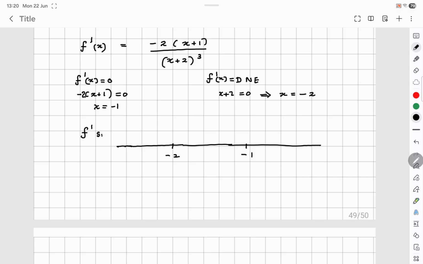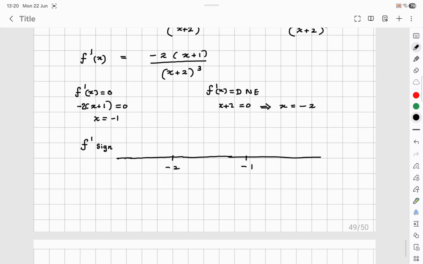If the derivative is positive, it is increasing in that interval. If the derivative is negative, it is decreasing in that interval. So for the first interval, let me use a test value. Anything less than minus 2, I will use minus 10.